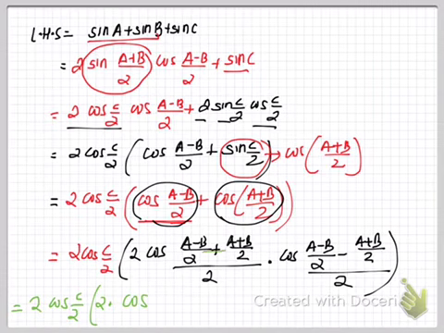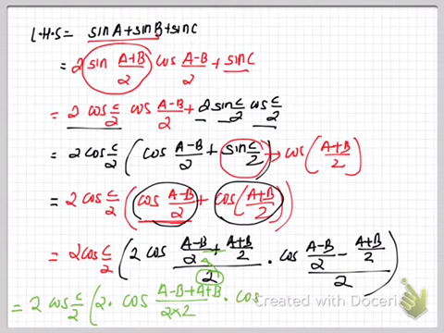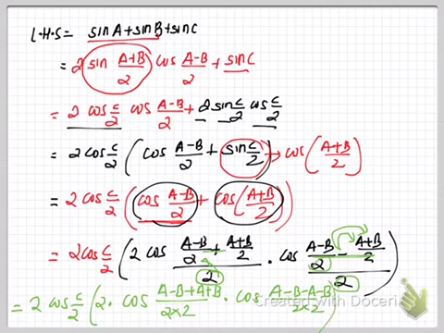When I take the LCM of 2, I can simply combine my numerator, so A minus B plus A plus B, and then I can directly multiply these two denominators, so here 2 into 2. I can do the same here, A minus B after taking 2 common. Now when I distribute this negative sign, I have minus A and minus B here, and this 2 I'm going to multiply with this 2.